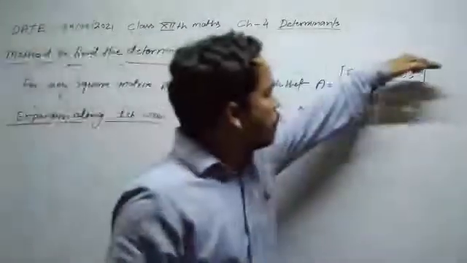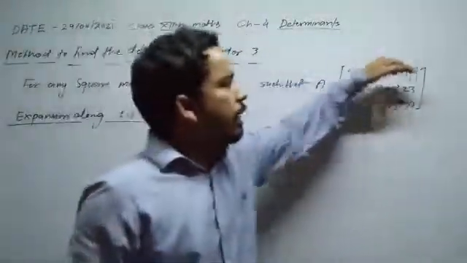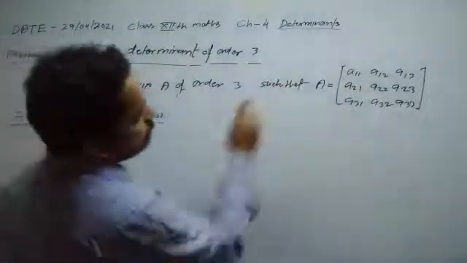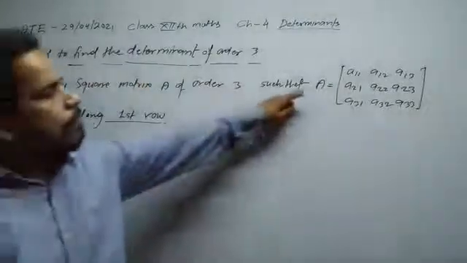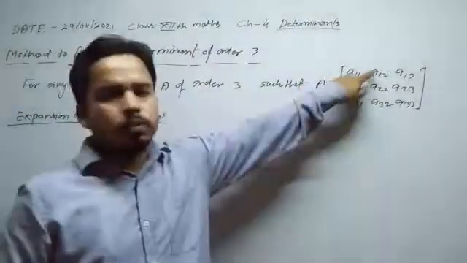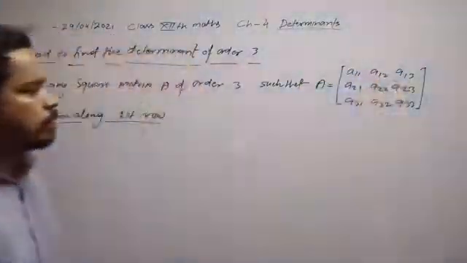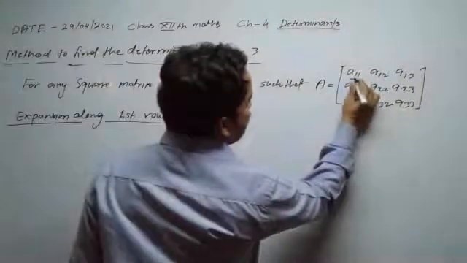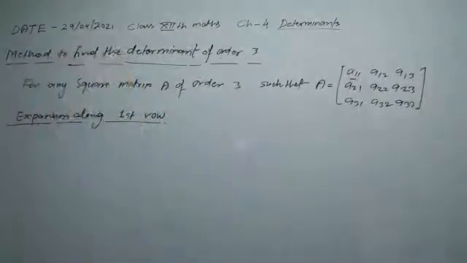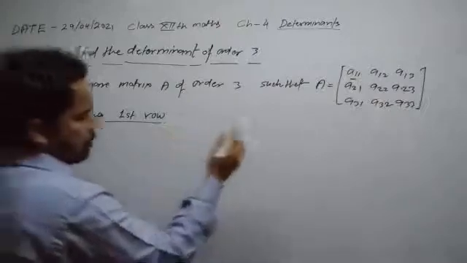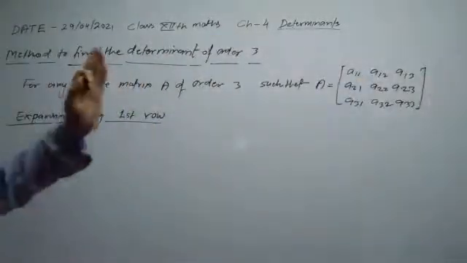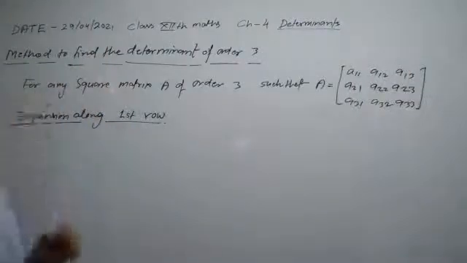you will go through the first row. There are three elements in first row, that is A11, A12, A13. When you see A11, A11 is the element of intersection of first row and first column.